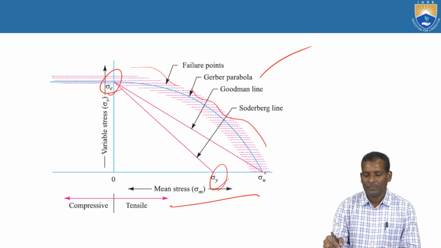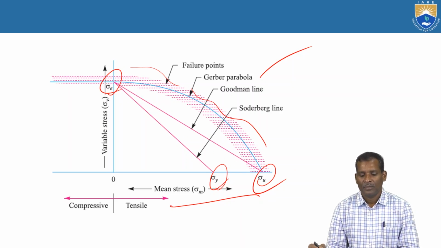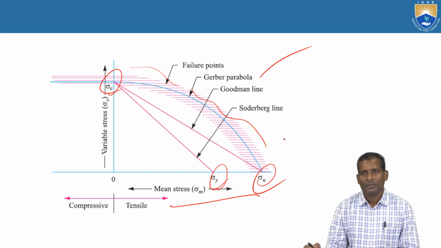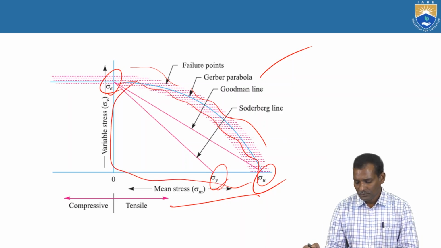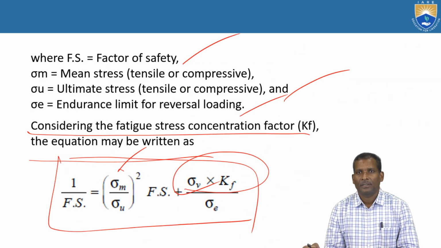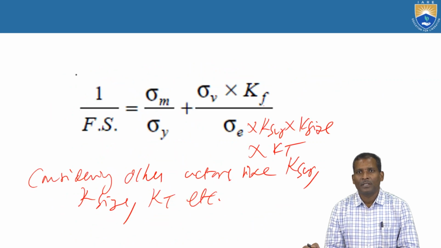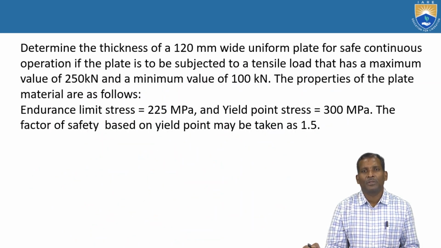The Goodman line is drawn between ultimate stress and sigma e. So the remaining points are all failure points. The safe zone is up to here. Next, we will see problem solving on these variable stresses.